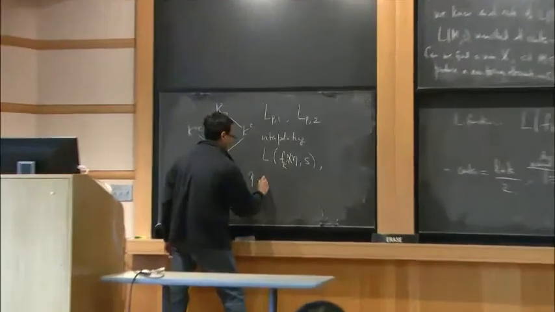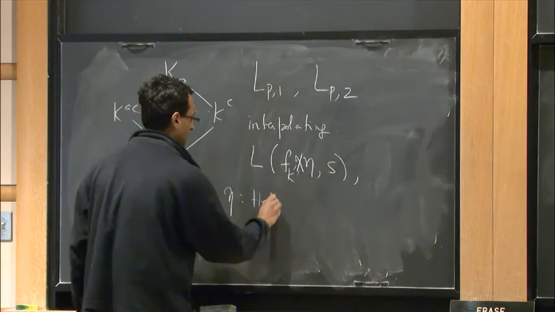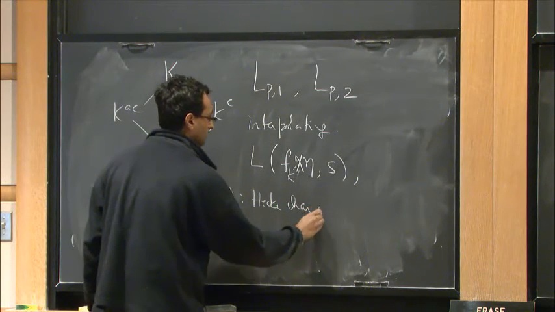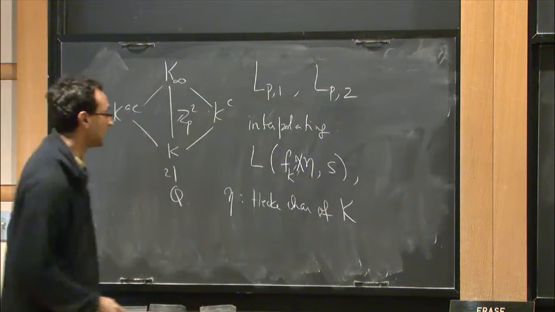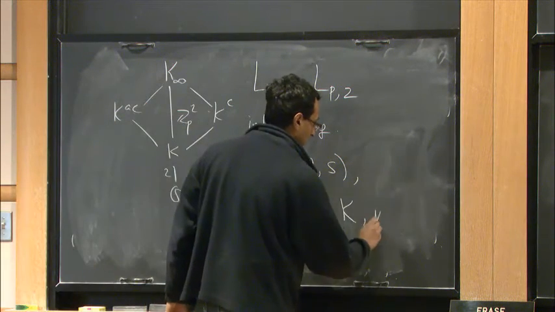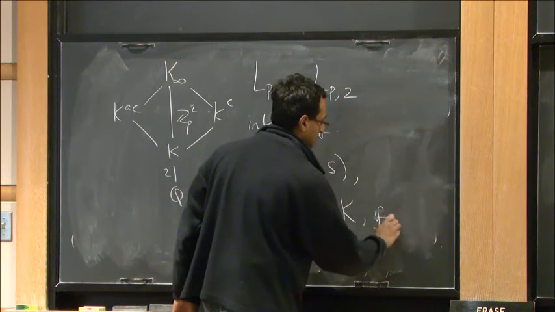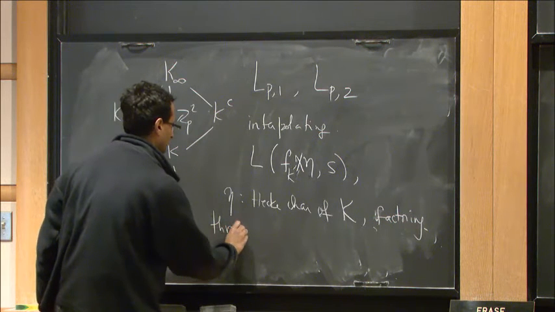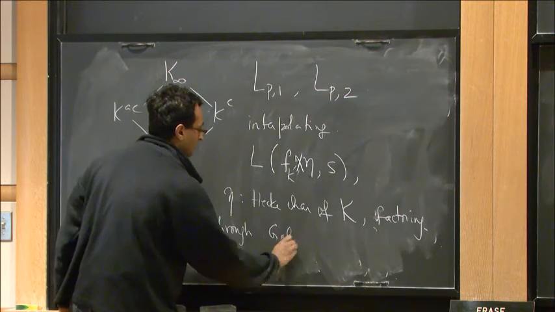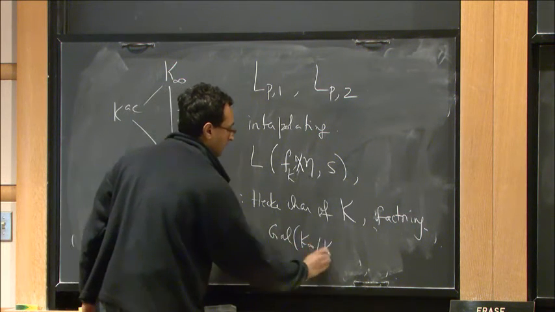So eta is a Hecke character of k that, viewed as a Galois character, factors through the Galois group of k infinity over k.